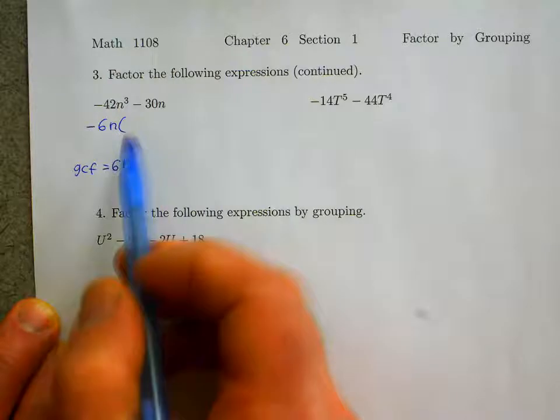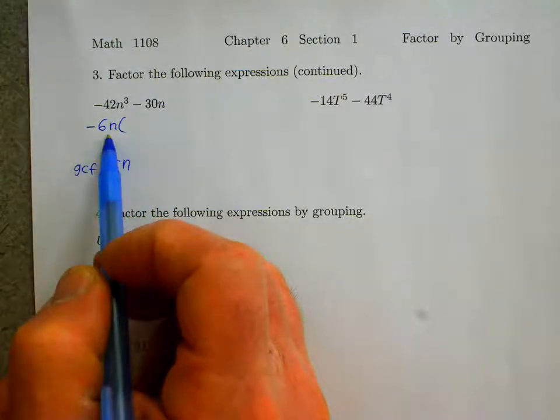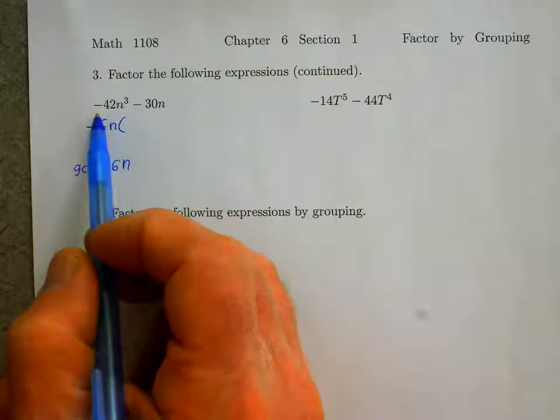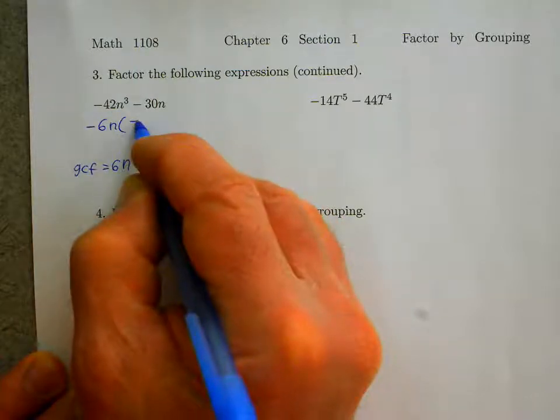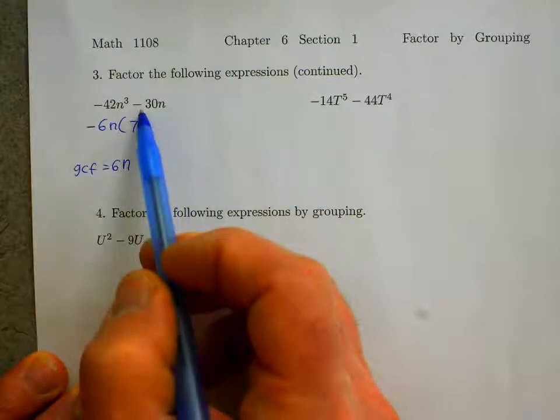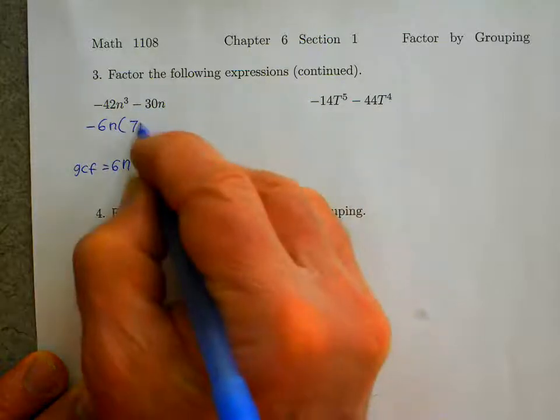With some practice, you can do a lot of this in your head. Negative 42 divided by negative 6 is positive 7. And n to the third divided by n is n to the second.